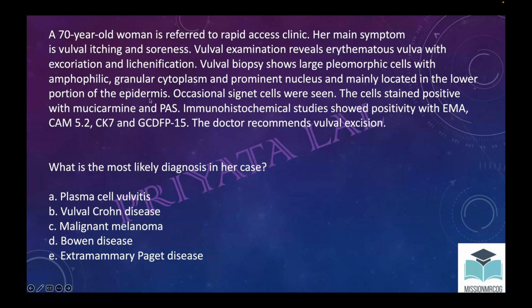The cells are positive for all this immunohistochemistry. Doctor recommends vulval excision. So, what is the diagnosis? It's Paget's disease, ma'am. Yes, signet cells happen in Paget's disease only. So, extra memory: Paget's disease, and this is the complete summary for all vulval lesions.